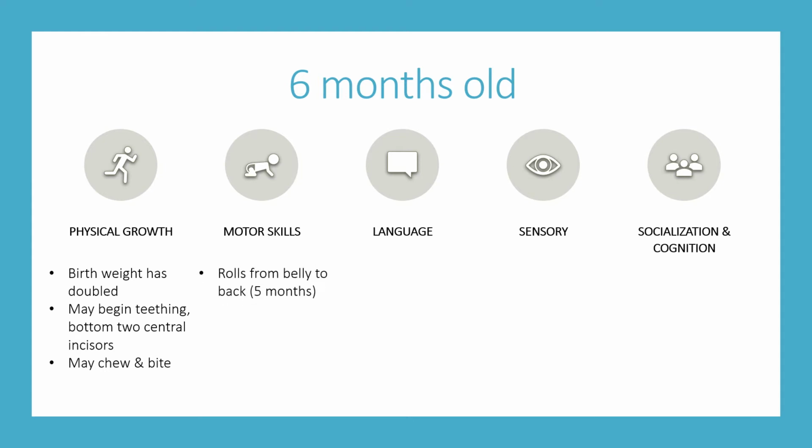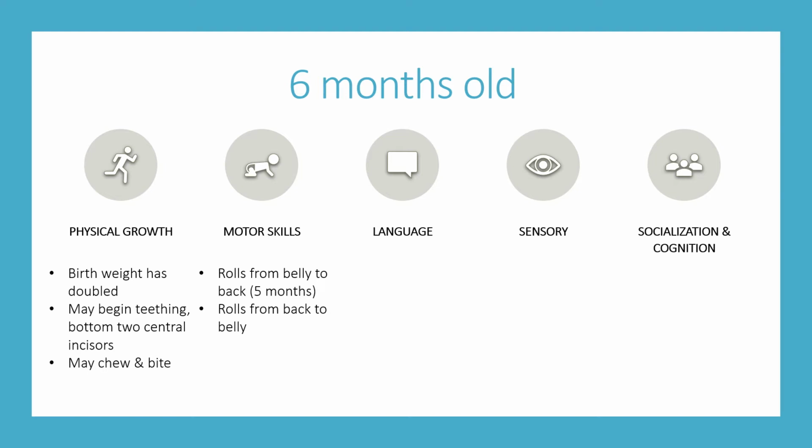As far as their motor skills, at 5 months, this is when the child should be able to roll from their belly to their back. At 4 months, we just talked about how they could do a half roll from belly to their side. Now they've completed that full roll over. And then at 6 months, they can roll from back to belly.